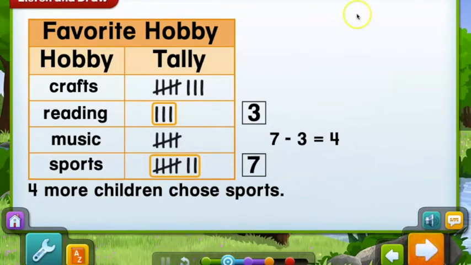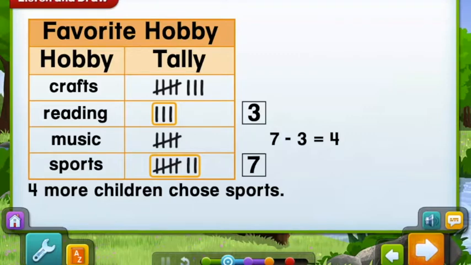So that's just one example of a question that you might answer with a data table or a tally chart: comparing one topic to the other. But if you remember at the beginning of this video, our friend Mr. Bear was looking at a tally chart of students' favorite seasons, and he wanted to know how many students total liked seasons other than winter.